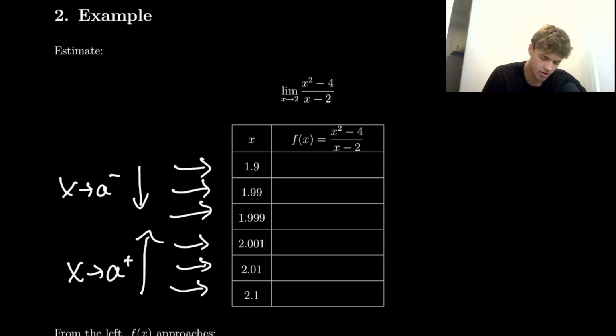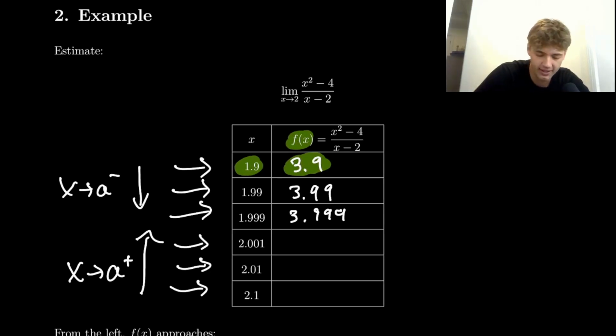The answers here are 3.9, 3.99, 3.999. So when you plug in 1.9 into our function, you end up getting 3.9. When you plug in 1.99, you get 3.99. And likewise with 1.999.